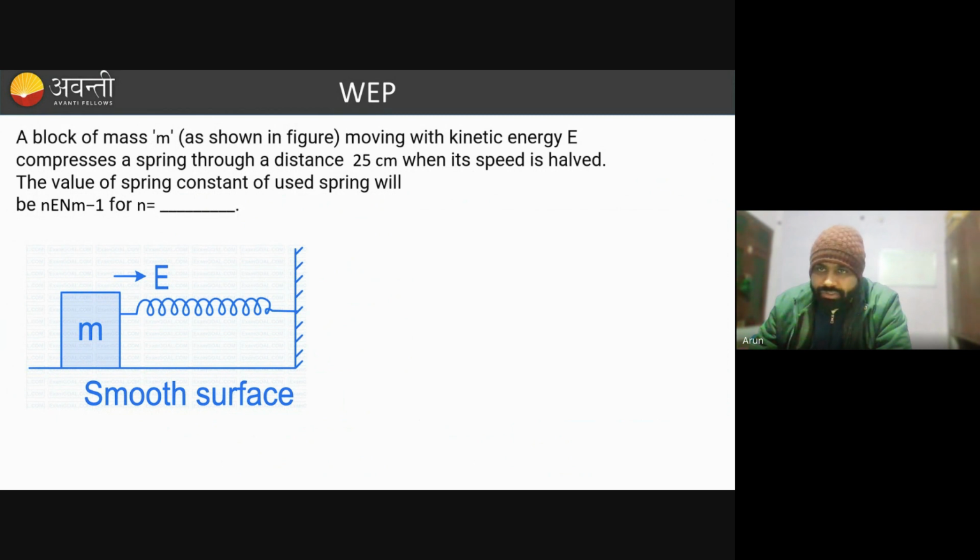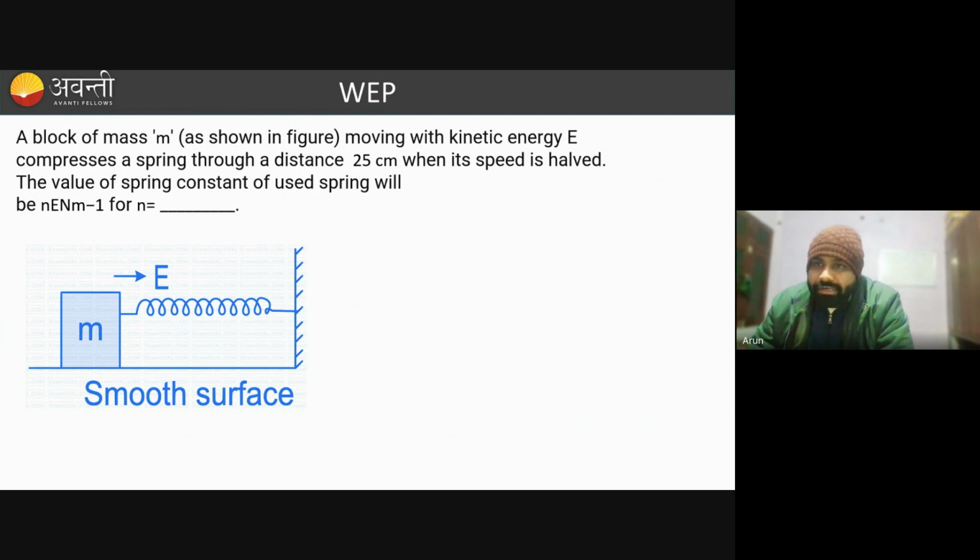Now, in this question, a block of mass small m moving with kinetic energy capital E compresses a spring through a distance of 25 centimeter. When its speed is halved, the value of the spring constant of the used spring will be N E Newton per meter.